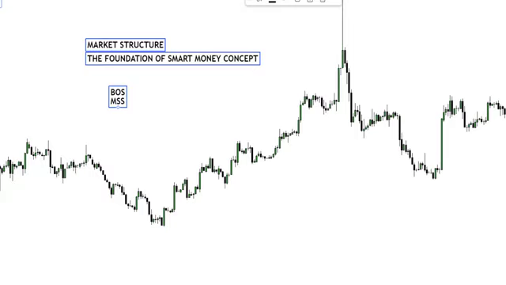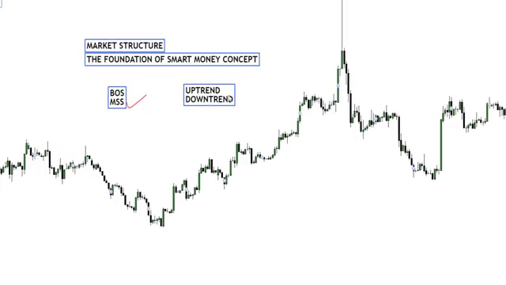So we employ the concept of market structure shift only when we see price changing direction from an uptrend to a downtrend. I know some of you that are newbies will really love this video. We see price change direction from an uptrend to a downtrend or vice versa. So let's get into it.